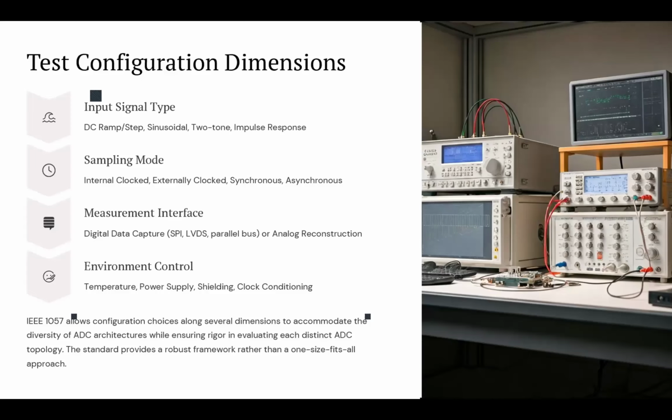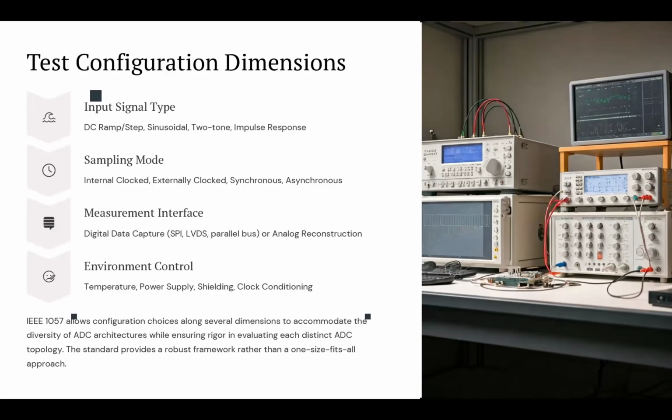You can guess what asynchronous means: when the clock and the input signal are not locked to each other. If you are familiar with ADCs and analog signals, you can sense how these sampling modes make a difference in our output result.